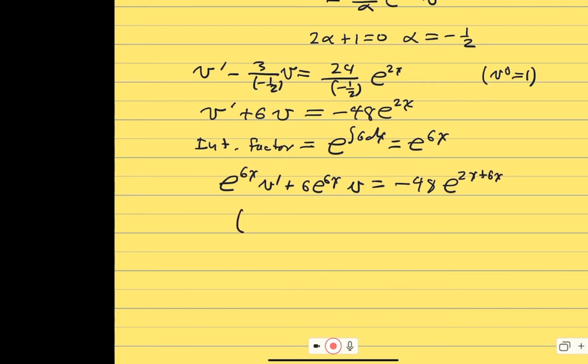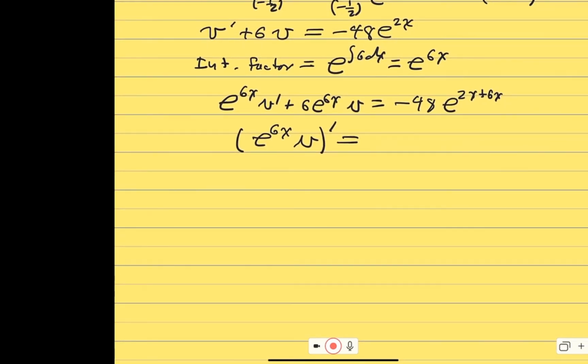This side then becomes the derivative of e to the 6x v, and this side becomes minus 48 e to the 8x.